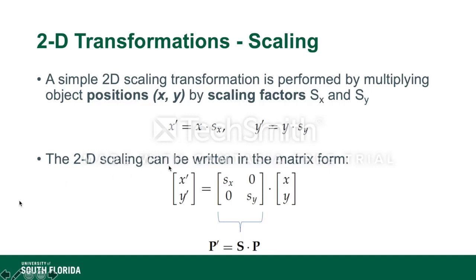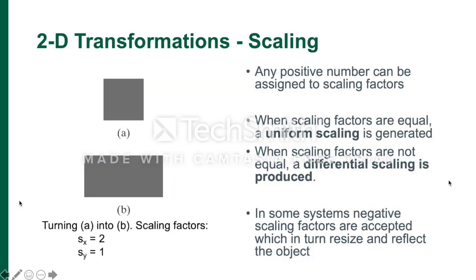The 2D scaling transformation can be written in the matrix form: (x prime, y prime) equals the transformation matrix for scaling, times the column vector for P. So we will end up with P prime equals S times P. Any positive number can be assigned to scaling factors.